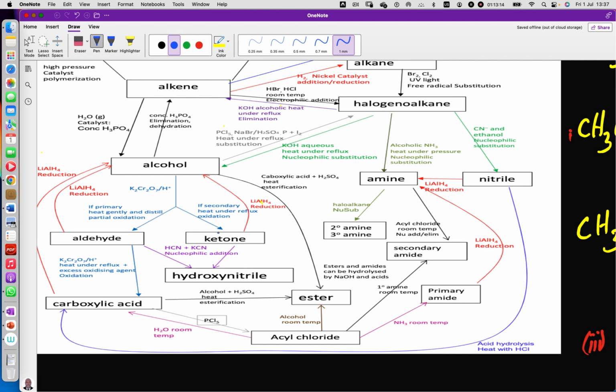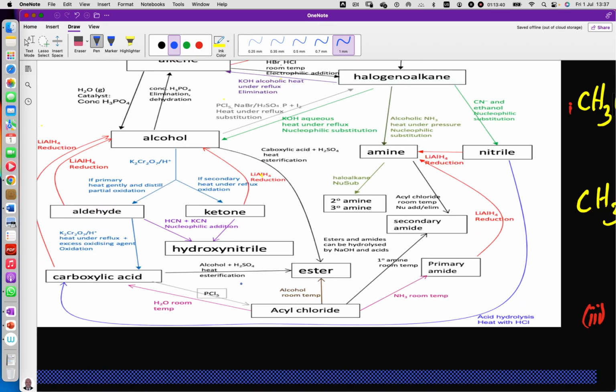Now, again, aldehydes can react with hydrogen cyanide to form hydroxynitrile. Ketones can also react with hydrogen cyanide to form hydroxynitrile.